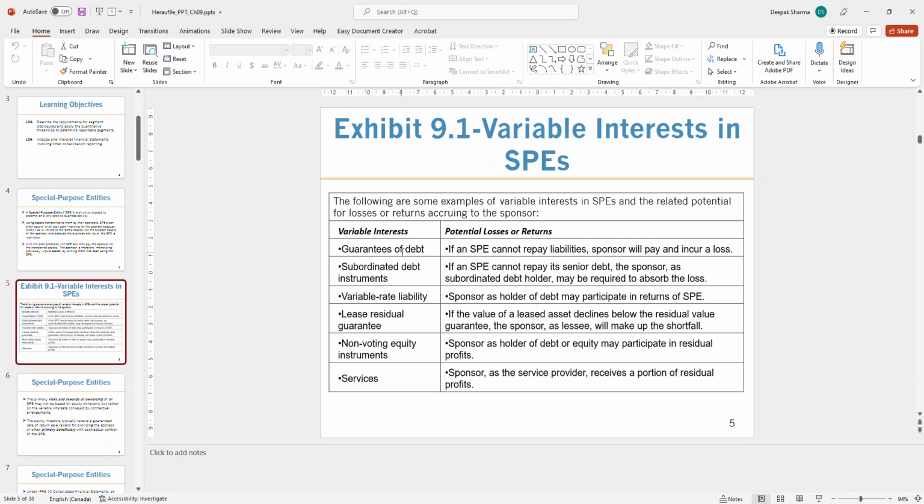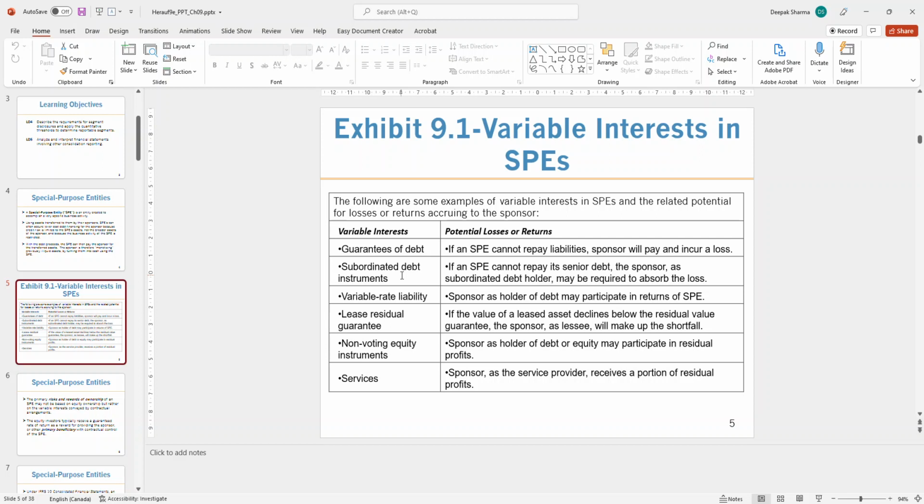If these relationships exist, then we will assume there is an SPE relationship. Subordinated debt instruments: you will provide some kind of debt seniority, so you will give a lower-risk debt to the company, and that will build up the relationship as well.